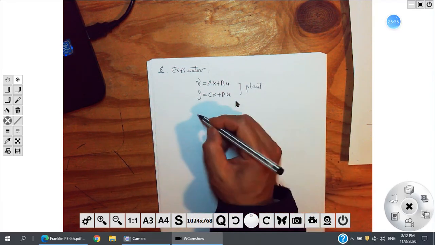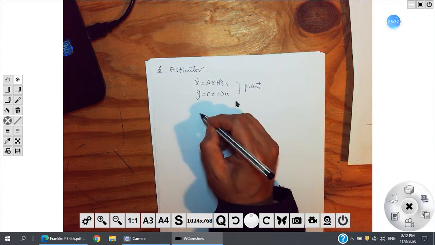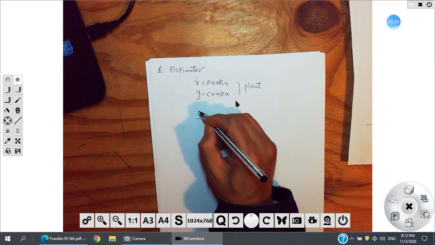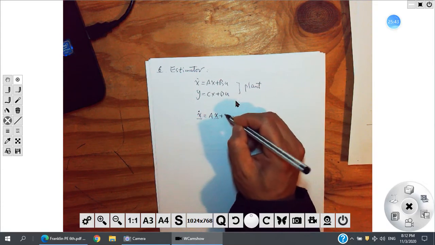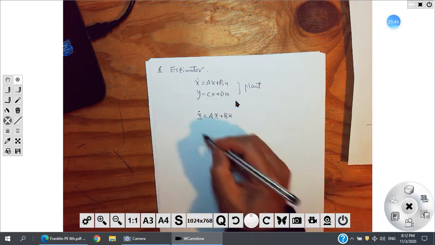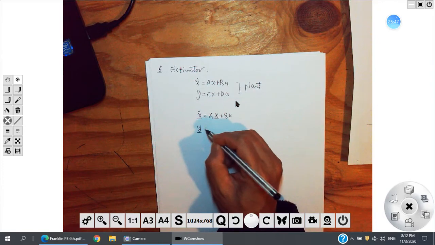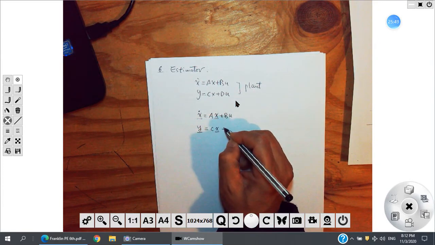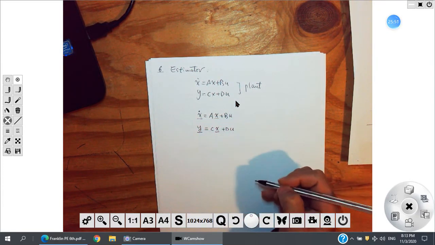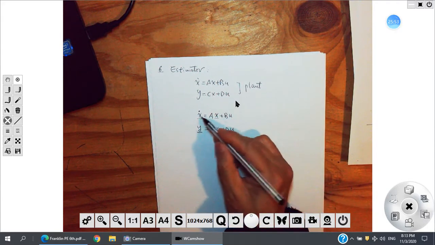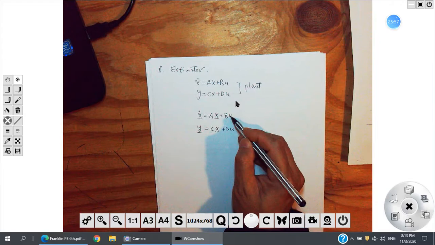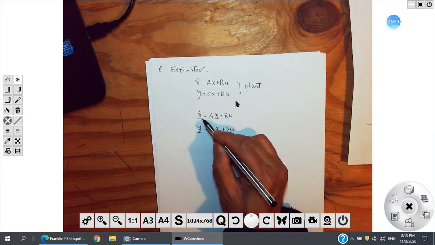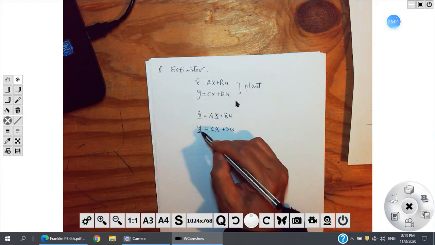Okay, I use x bar dot equal to A x bar plus Bu and y bar equal to C x bar plus Du. Okay, we have this. So this system, this part, we use the same u as input, and I have a state variable x bar, and it will return output.